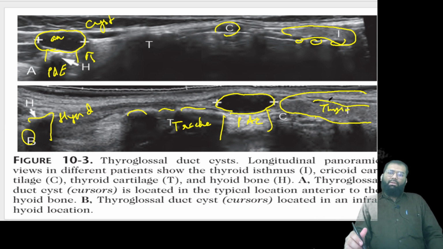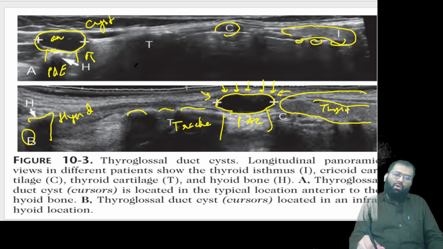This is thyroid gland. So you can clearly see that there is a well-defined anechoic cystic lesion in subhyoid area just below the thyroid gland in midline, which is moving on protrusion of the tongue. So this is very classic of thyroglossal duct cyst.